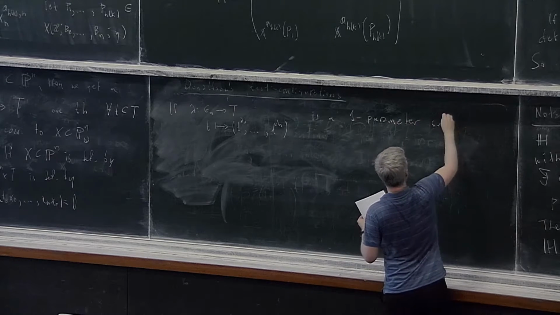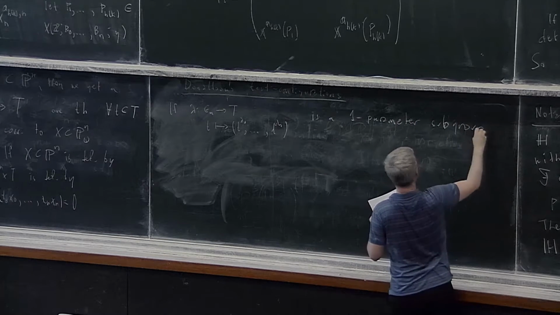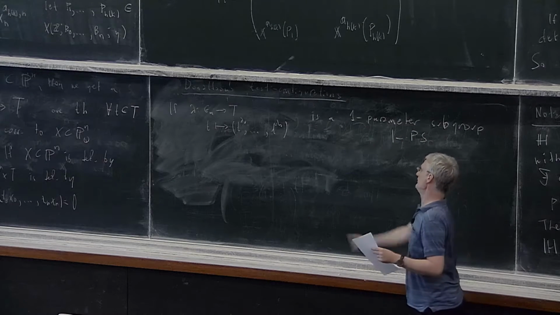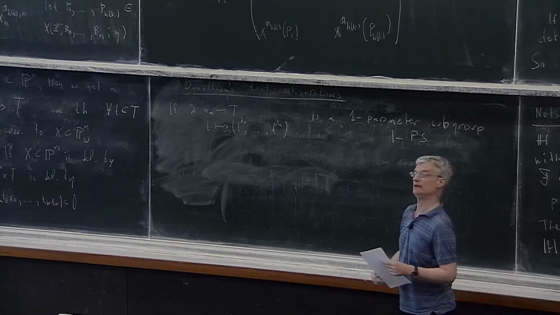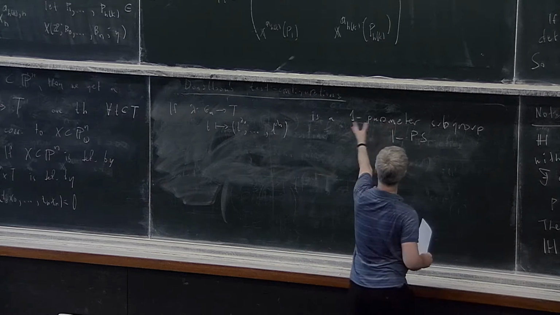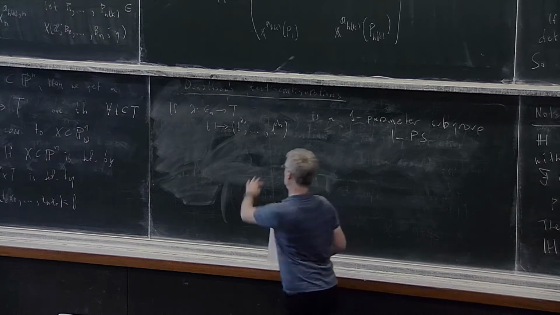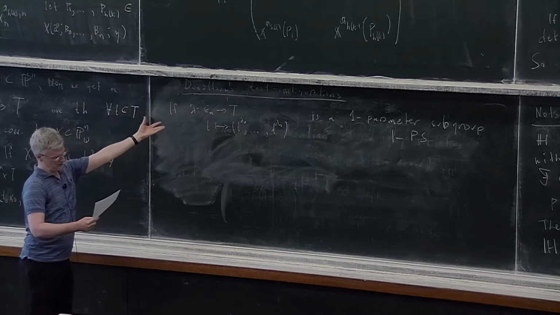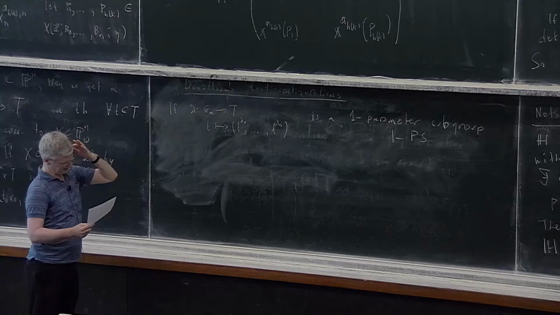Just like Mumford, I will just write 1-PS. It will work also if you have the trivial embedding, if you send everything to one, but it's totally meaningless. So I will still call it a one parameter subgroup. It will include that case as well.